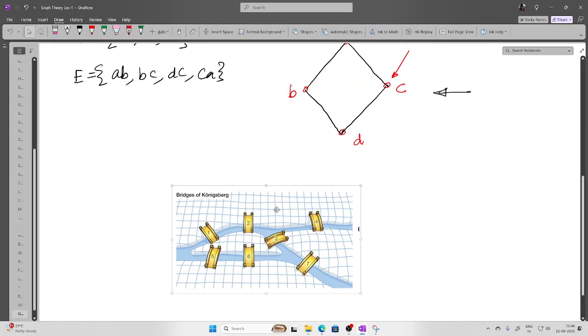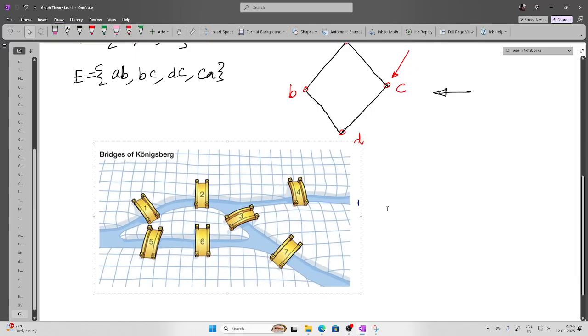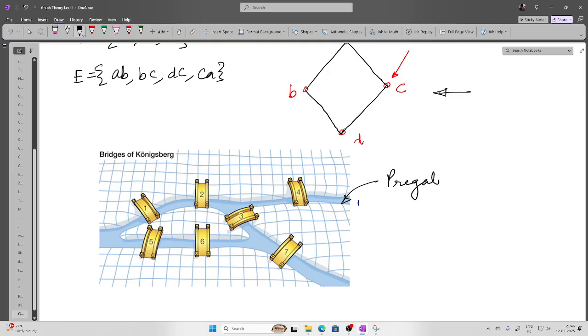So long back in Eastern Prussia, now in Russia, there was one city known as Königsberg, and in that city there is one river known as Pregel, and this is the river on which seven bridges were there. So you can see 1, 2, 3, 4, 5, 6, 7. Seven bridges are there.